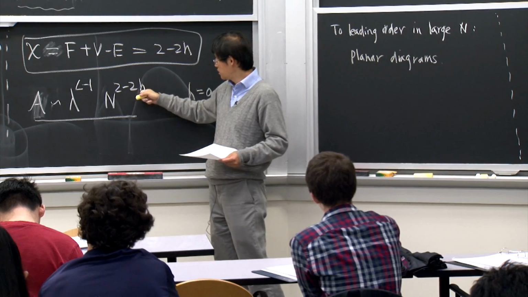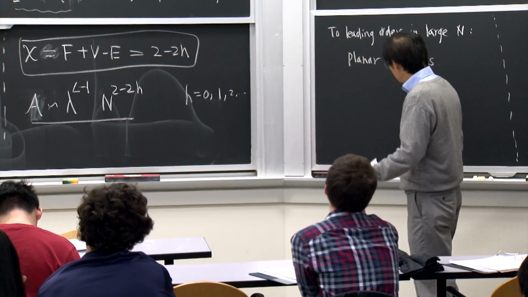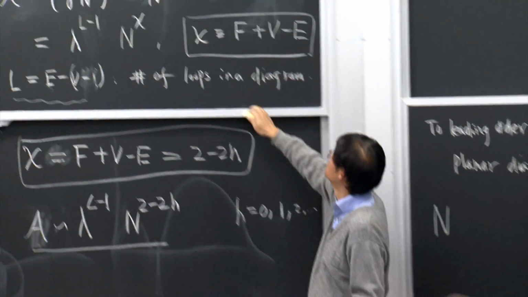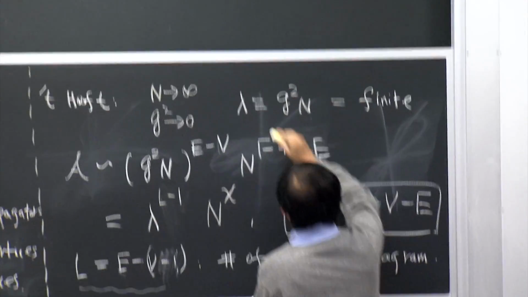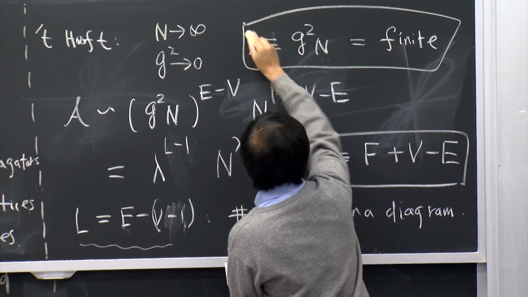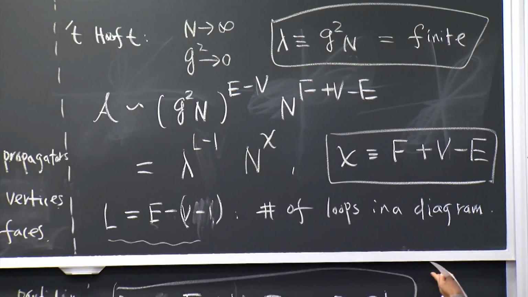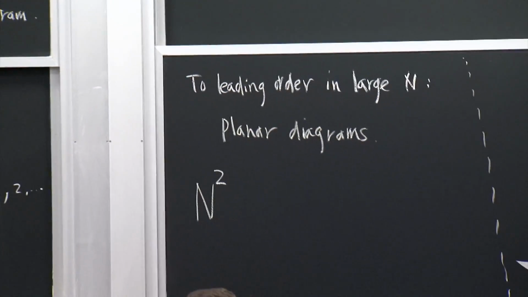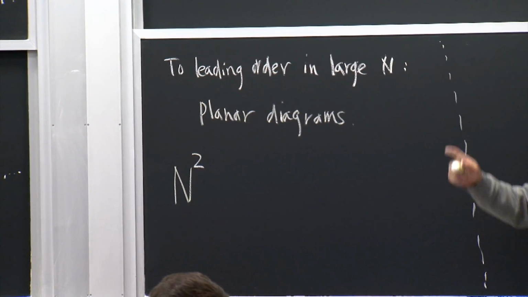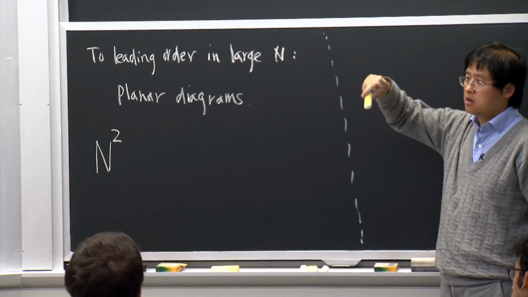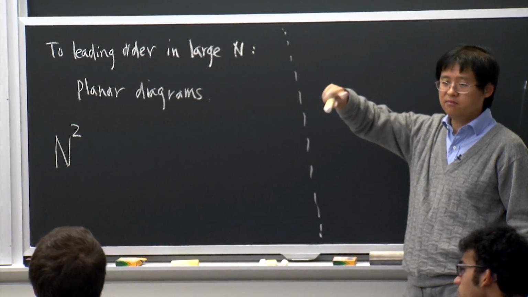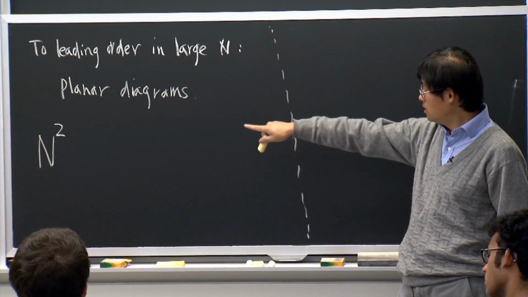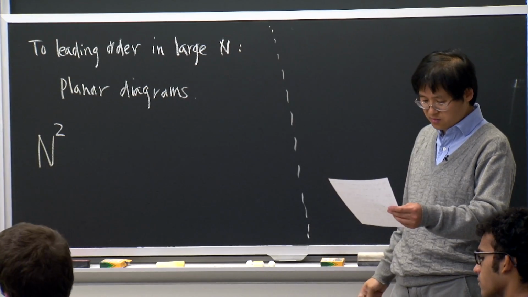So the leading term is given by h equals 0. So all the planar diagrams in this so-called 't Hooft limit will have N dependence which is N squared. Okay? Now if you go back to your notes about the planar diagrams we studied last time, you can immediately tell that indeed it's N squared in this limit.